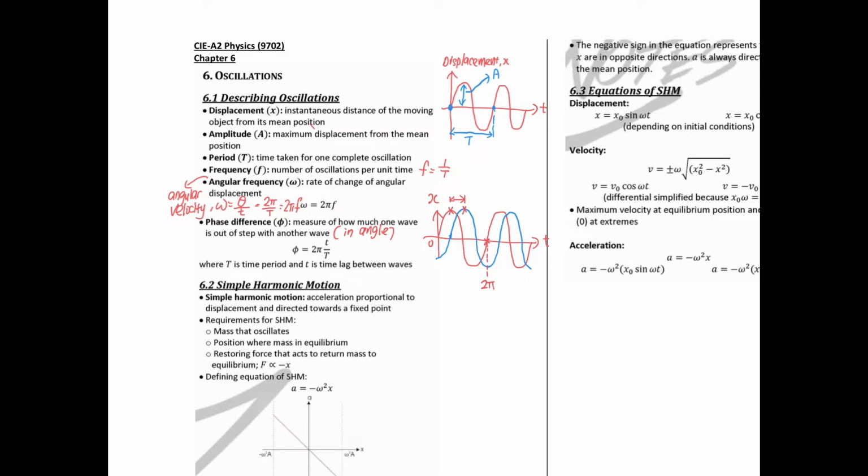Okay, then half of it will be pi. This is pi. Okay. And this one will be pi over 2.